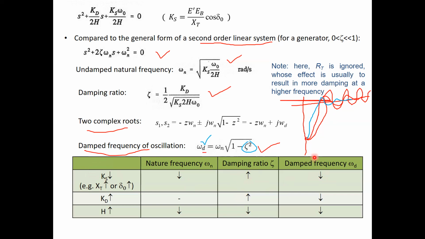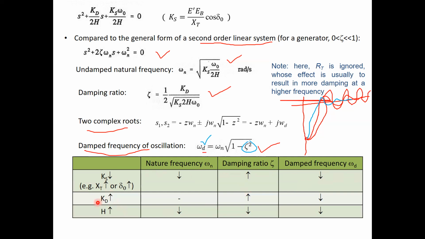It will be a damped response. That's why, if the inductive part is more, we call it a strong grid, and if it is a resistive line, we call it a weak grid. So this is what it refers to here.